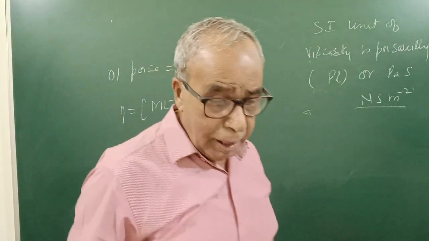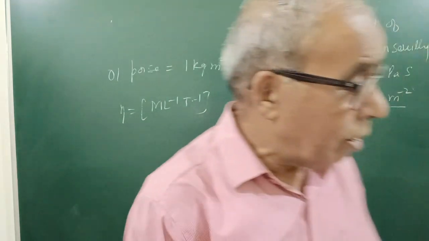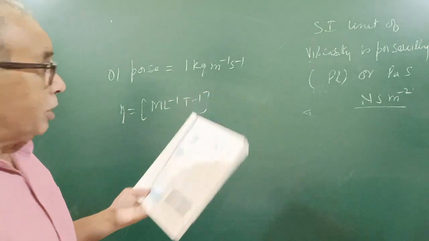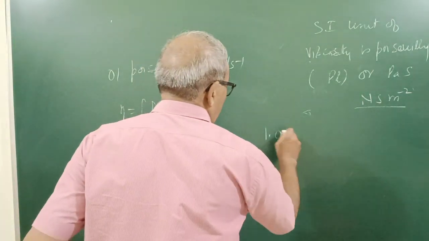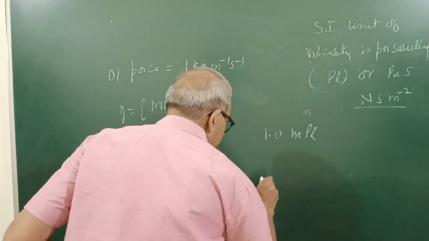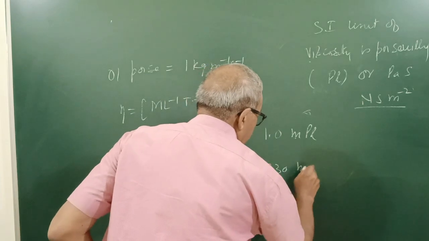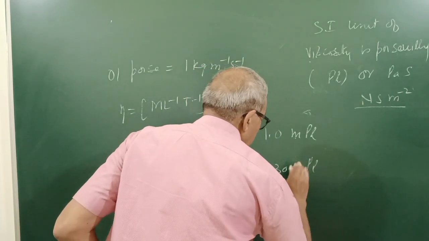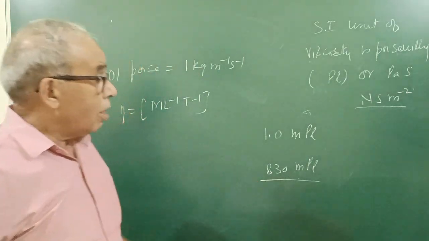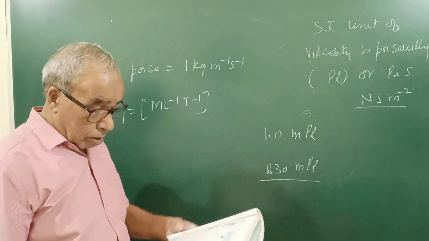We are given a table here in which the viscosity of different liquids is given. You can see table 10.2 here. The viscosity of water at 20 degrees centigrade is 1.0 millipoiseuille, and that of glycerine is 830 millipoiseuille. So glycerine has nearly 830 times larger viscosity than water.